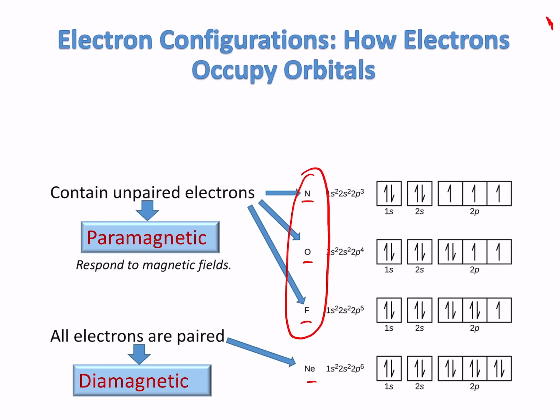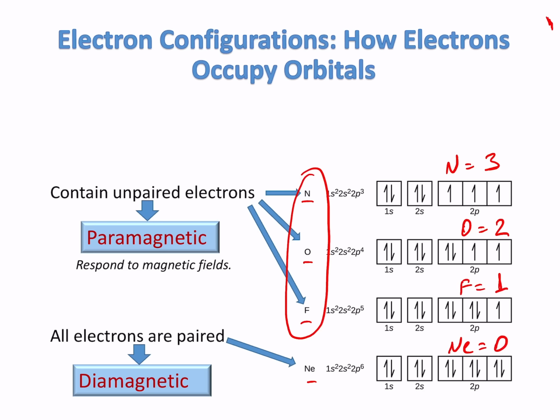Nitrogen has 3 unpaired electrons, oxygen has 2 unpaired electrons, and fluorine has 1 unpaired electron. When you go to neon, there are 0. There are no unpaired electrons. All electrons for neon are paired. And that gives a particular property to these elements.